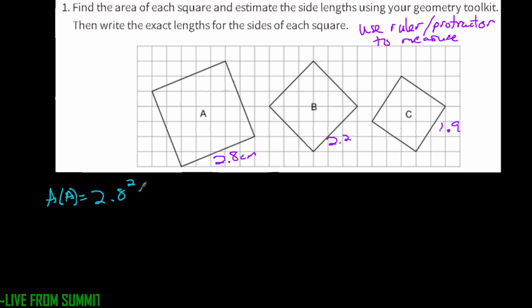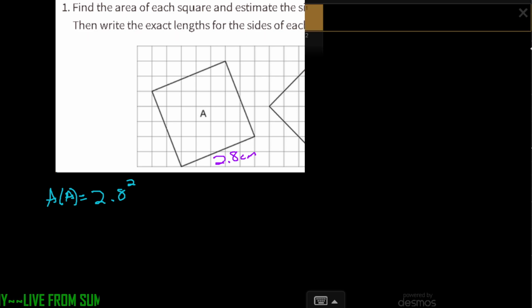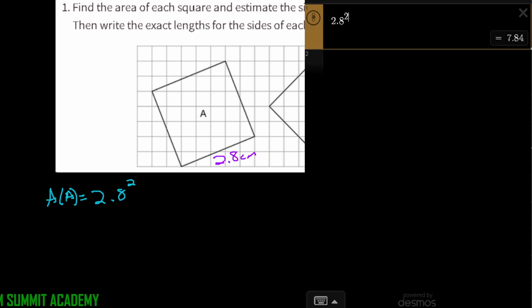Let me use that calculator again and clear this out. So 2.8 squared is going to be about 7.84. So the area of A is going to be equal to 7.84.